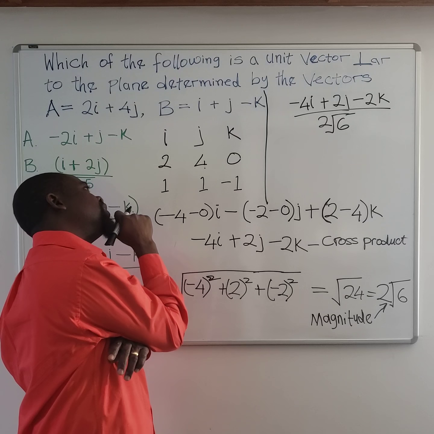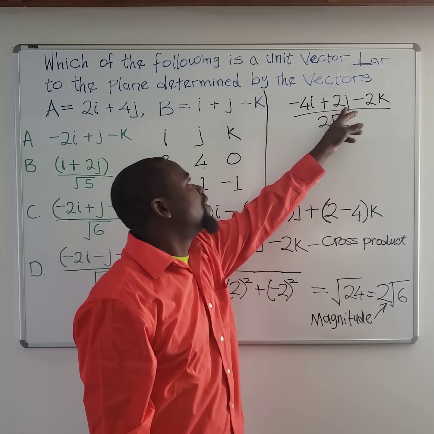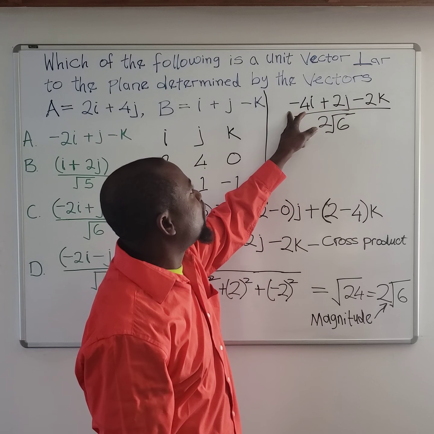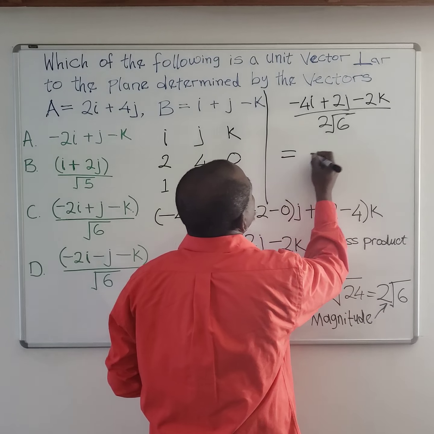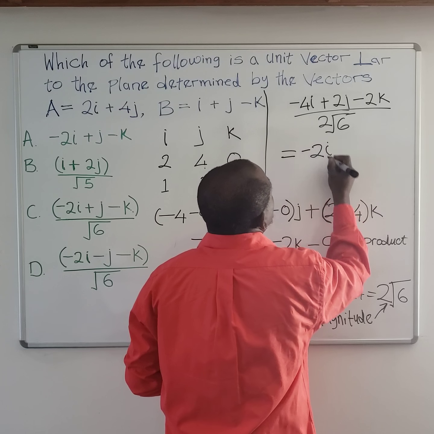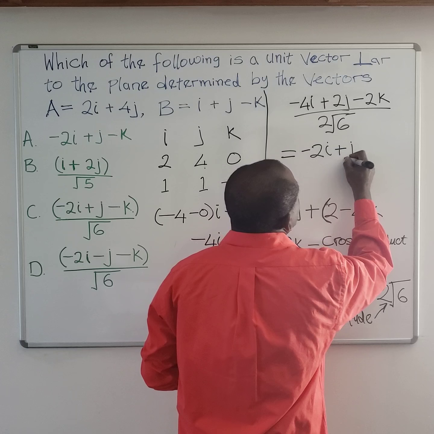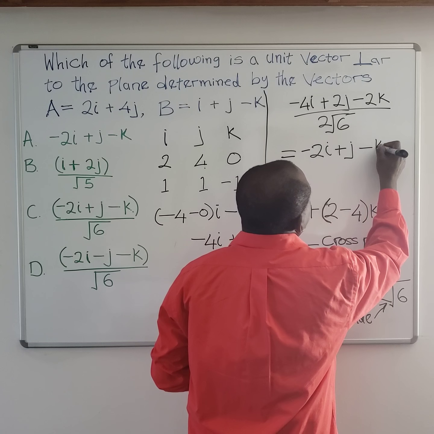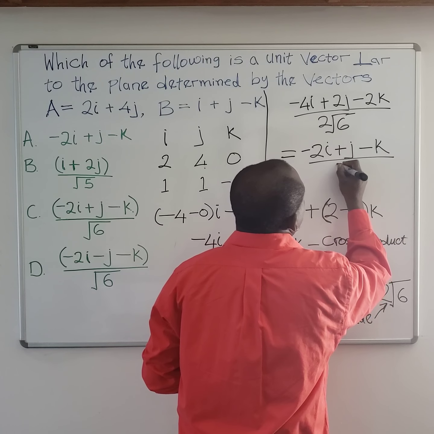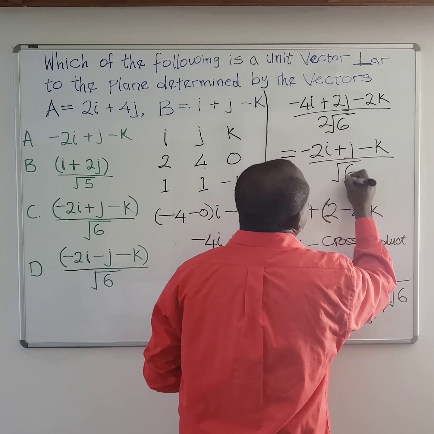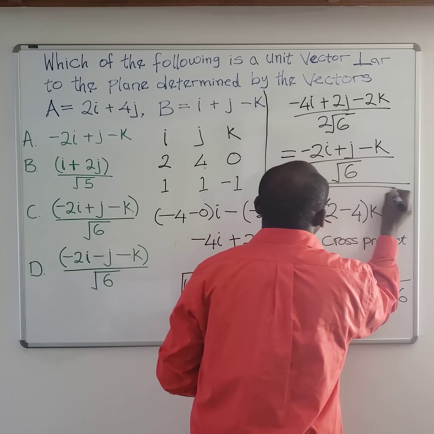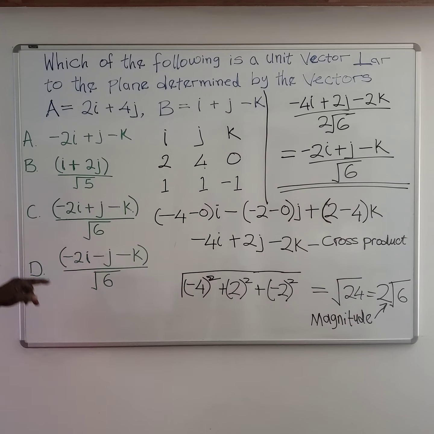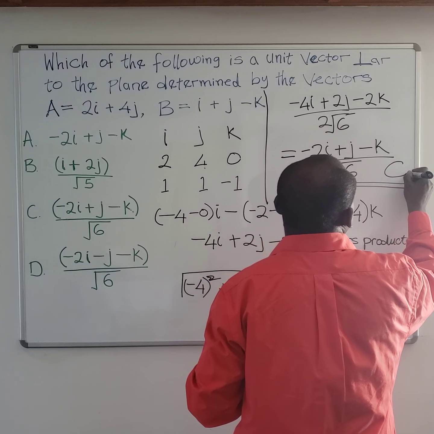So you notice that a value is common, 2 is common. If I factor out 2 here, I can use that 2 to divide this 2. So my final value becomes negative 2i plus j minus k divided by square root of 6. And that's my final answer. And that happens to be C. So my answer is C.